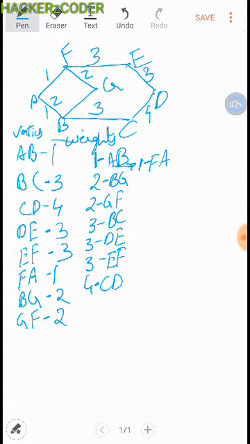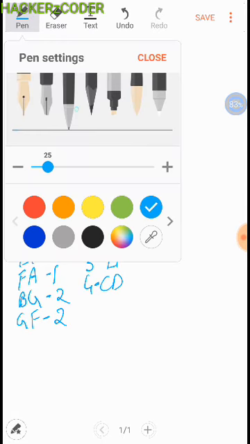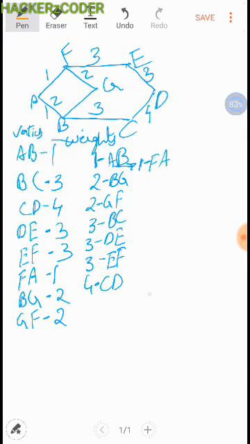So how do we start with the minimum spanning tree? We first select either the 1 which is AB, or the 1 which is FA. So we'll select AB. Next I have an option of BG or GF.